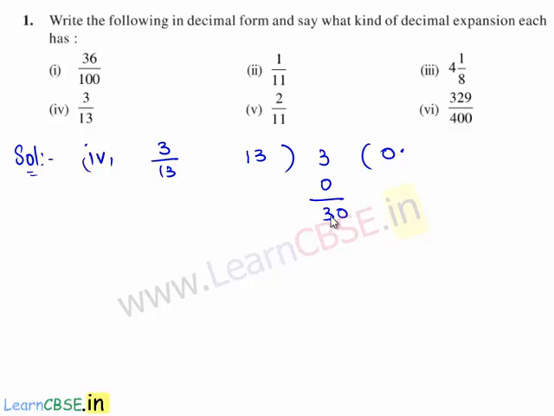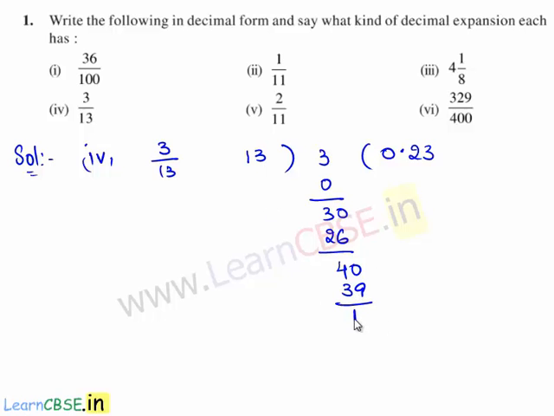And 13 goes in 30 2 times. So 13 times 2 is 26. And we are left with the remainder 4. So because of the decimal point, 4 becomes 40. 13 goes in 40 3 times, as 13 times 3 is 39. We are left with remainder 1.